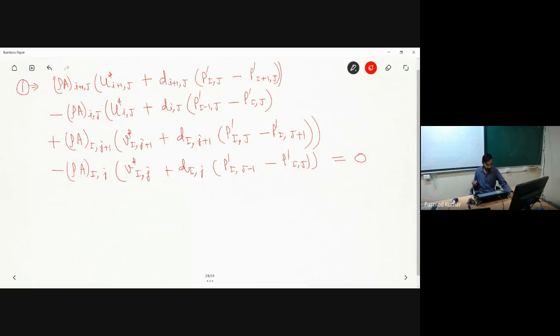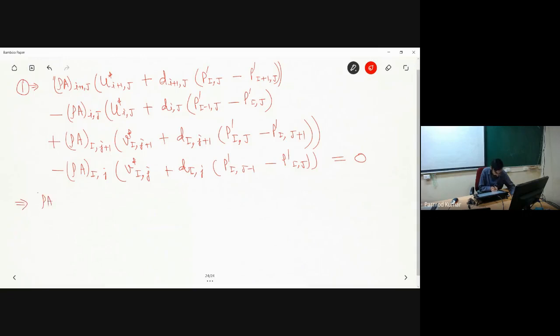Now let us segregate the u star and v star terms as separate terms and all other terms as separate quantities, and we will segregate the others based on the pressure indices, p dash I comma j and p dash I plus 1 comma j. So let me first write down all the u star and v star terms.